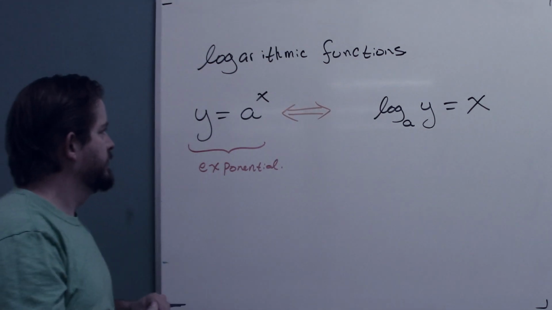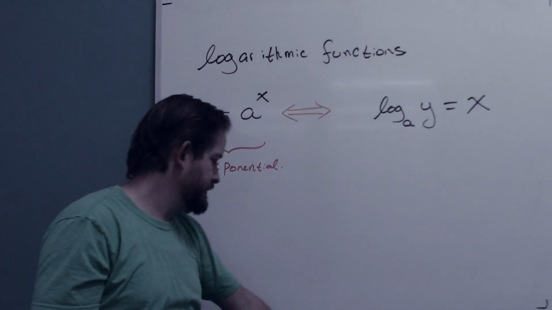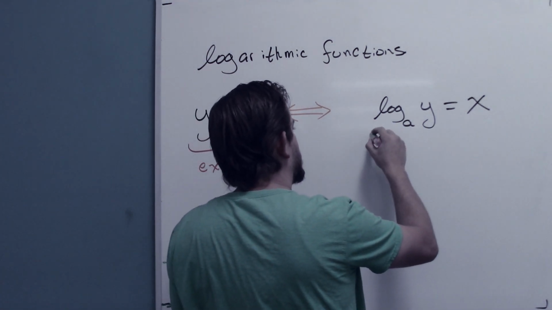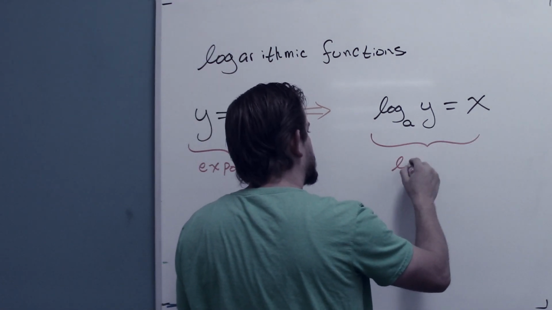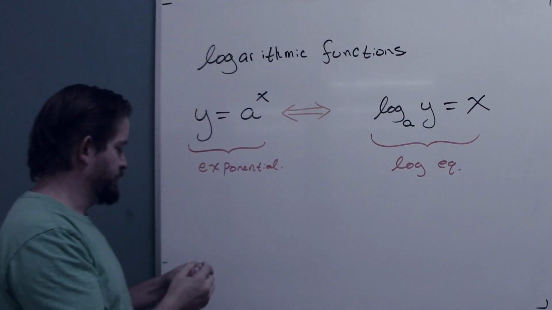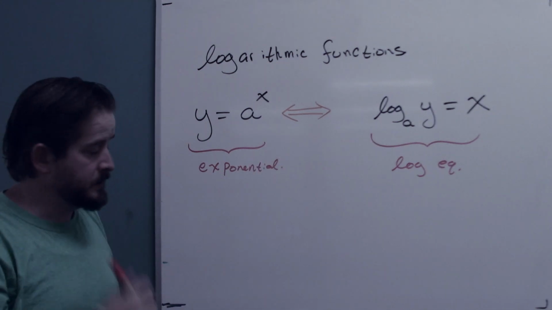Right? This is the same thing as this, if I were to write these things together. This here, though, is my logarithmic equation. My exponential equation on the left, log equation on the right, they are equivalent equations.